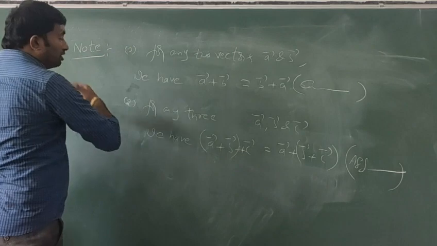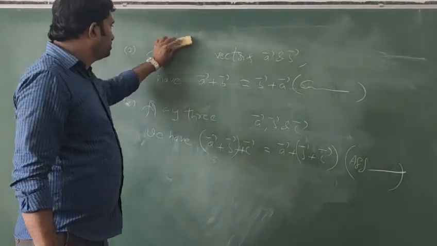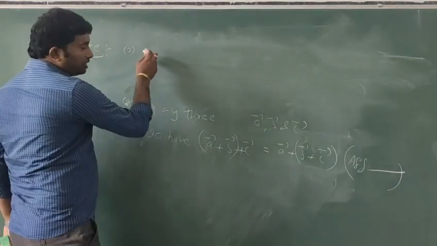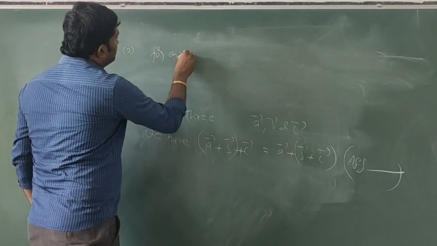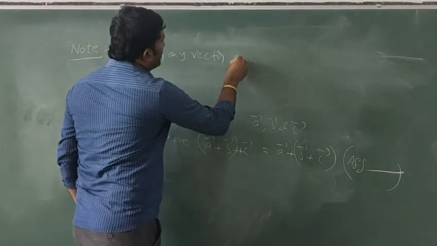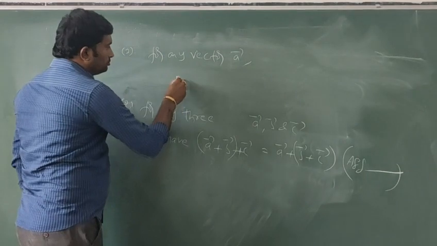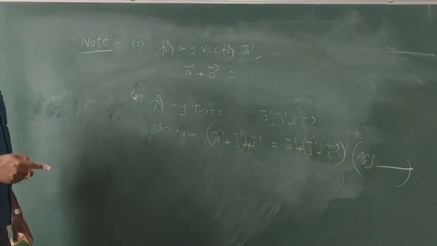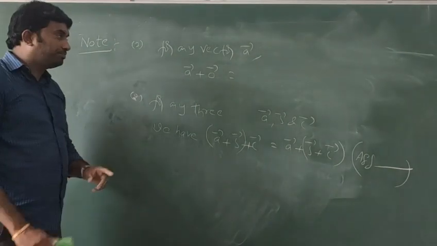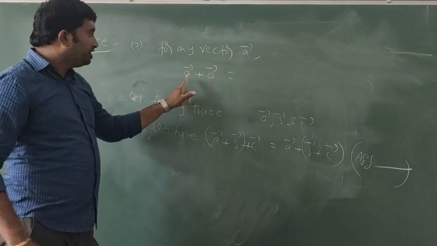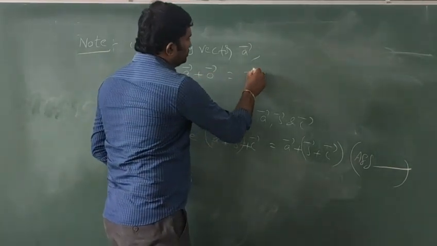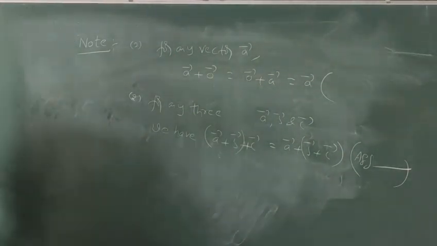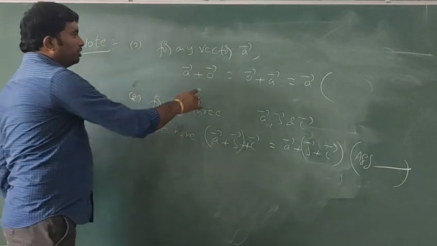Next, note number three. For any vector A bar plus O bar. What is O bar? Null vector or zero vector. It is the first type of vector. So A bar plus O bar is equal to O bar plus A bar is equal to A bar. Here A bar is the given vector. What about O bar?